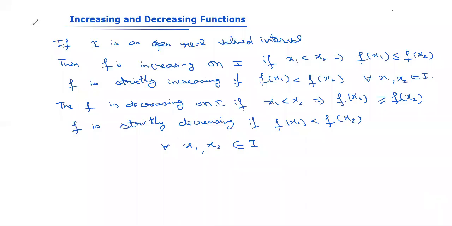Now there is a theorem for the increasing and decreasing function.